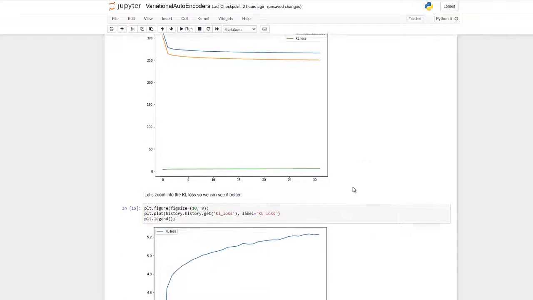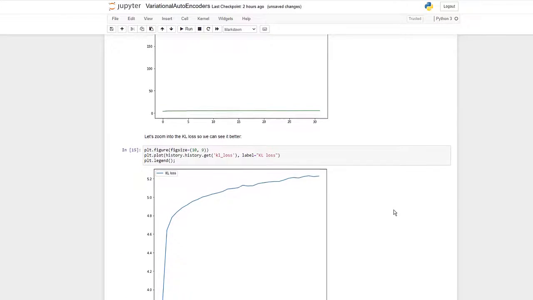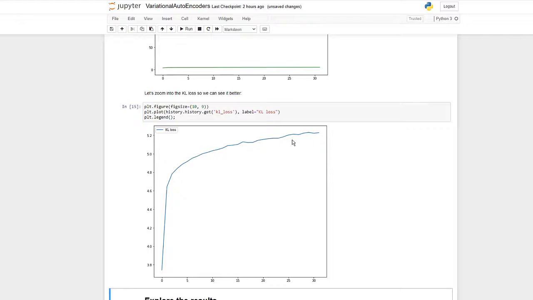You can see that was actually getting worse over time, so that's kind of interesting, right? So, definitely not the direction you want to be going for a loss function, but at least it wasn't going up exponentially. It at least started to level out. So this might suggest that training for even more epochs may have been beneficial because we were starting to get to a point where we couldn't really squeeze anything more out of the reconstruction loss, but there are improvements to be made on KL loss.